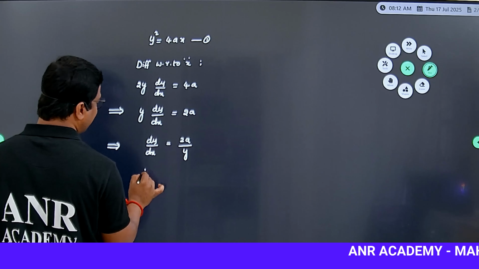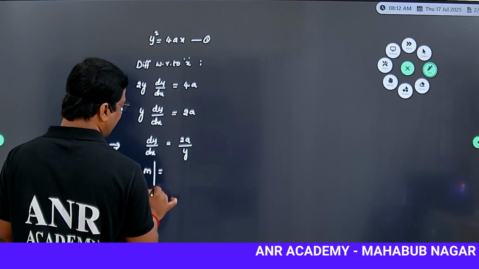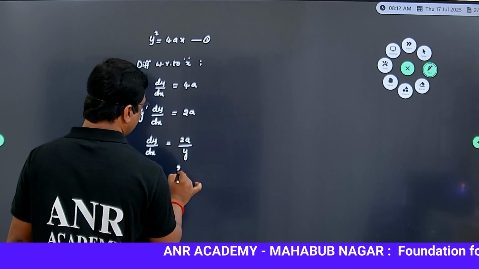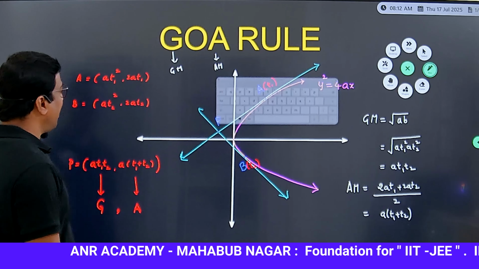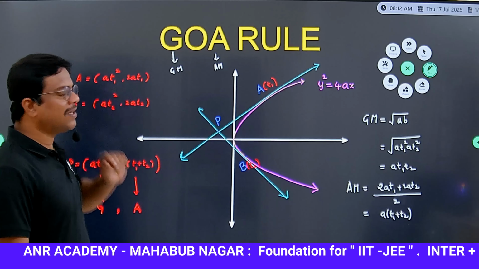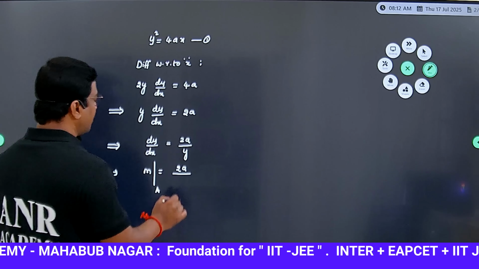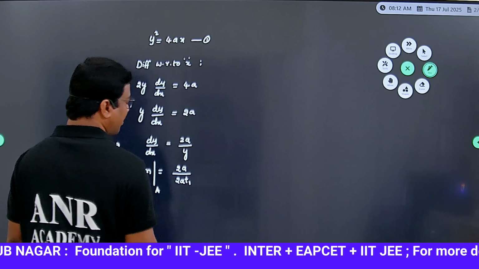Dy by dx is slope. Slope at point A I am going to calculate, that is 2a divided by the y coordinate of point A, whose coordinates are at1 square, 2at1. So here you have to write 2at1, because that is the y coordinate.